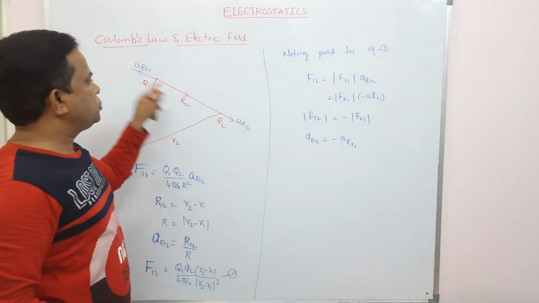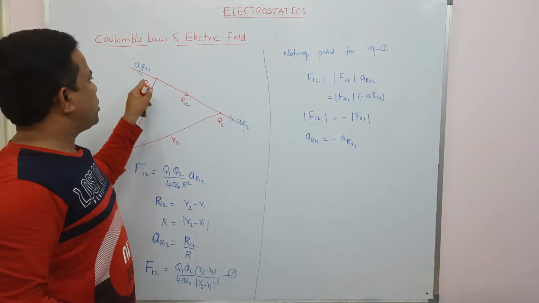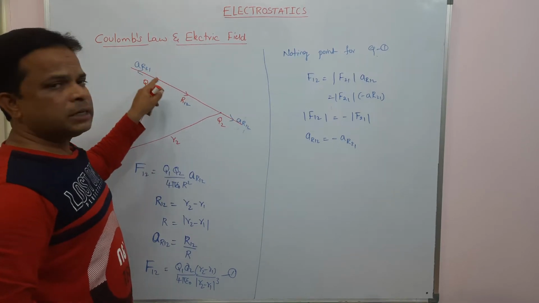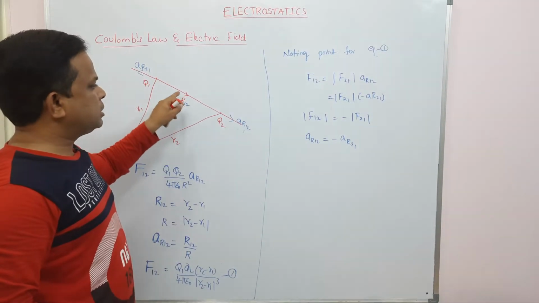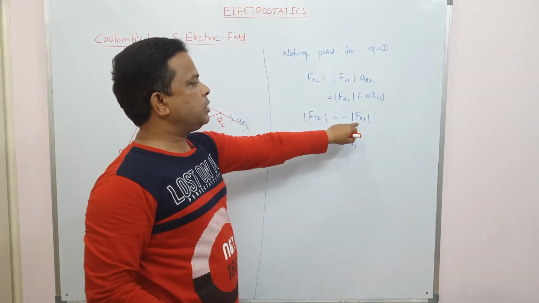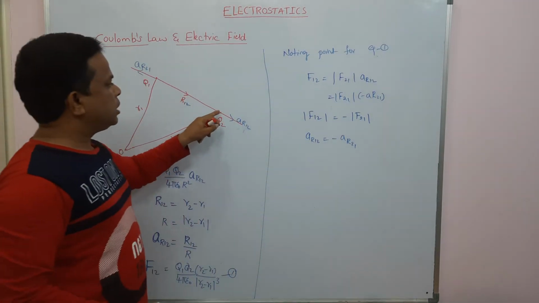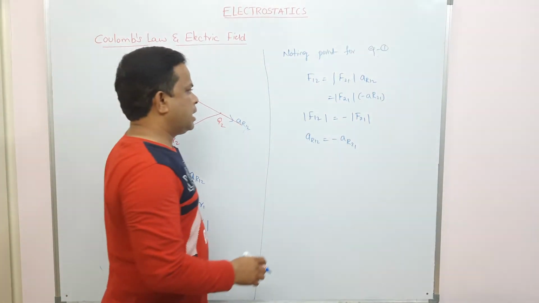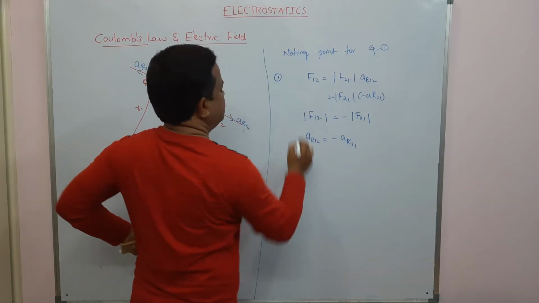So these are the two unit vectors for these point charges. If I take AR21, it will give the force F21, that is the force that Q2 is exerting on Q1. That is the meaning here. This is the first point we have to consider.